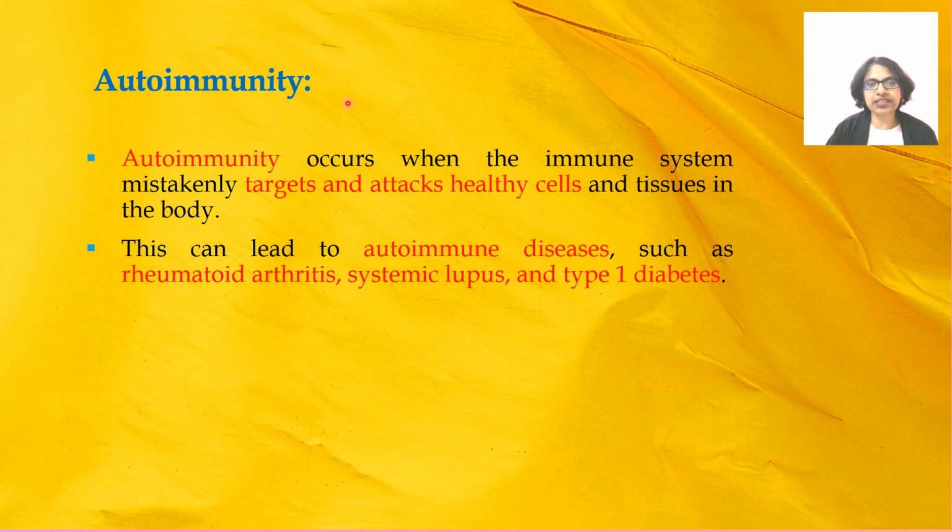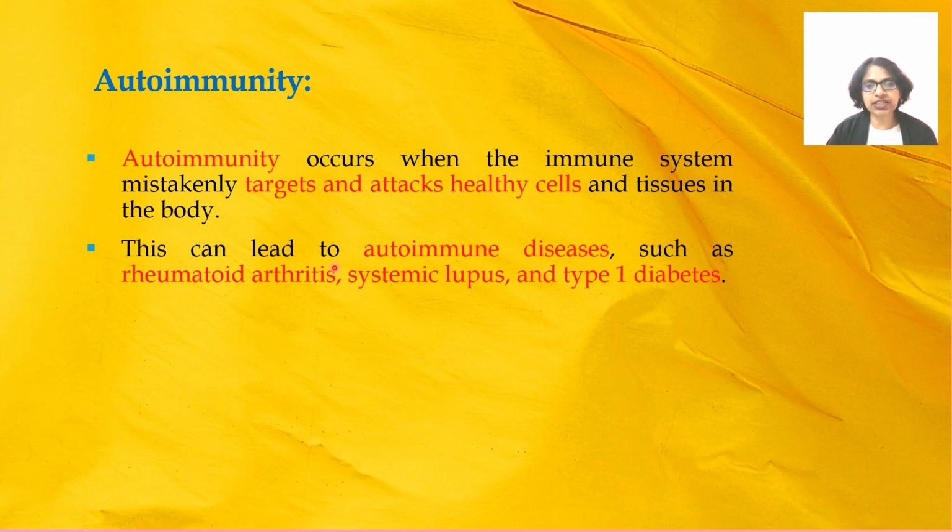Another sub-concept is autoimmunity. So what do we mean by auto? It's self. Autoimmunity occurs when the immune system mistakenly targets and attacks healthy cells and tissues in the body. Sometimes our own immune cells fight against us or attack an organ.